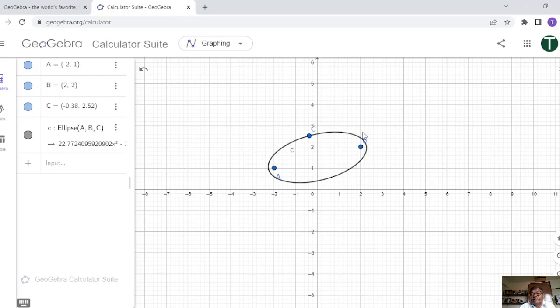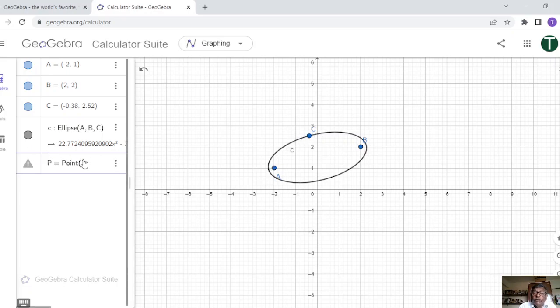Now once this ellipse is fixed, I will now create a point on this ellipse, a general point on this ellipse. And this I know how to do. I will simply say P is equal to a point on this ellipse, that is small c.